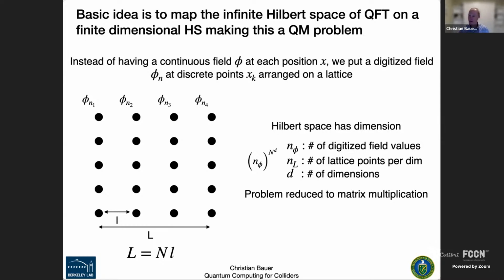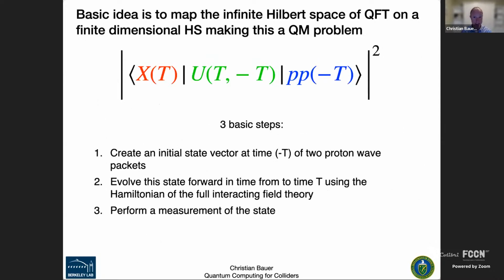States are vectors, operators are matrices, so the problem is actually reduced to matrix multiplication, right? So this problem, in this digitized lattice field theory that I set out, is very easy to describe what you need to do. Namely, you need to create an initial state vector that corresponds to 2 proton wave packets. Never mind how we do that right now.